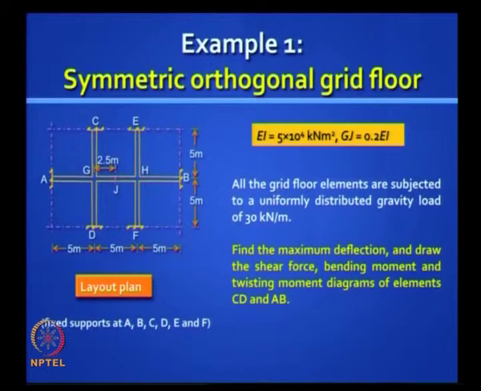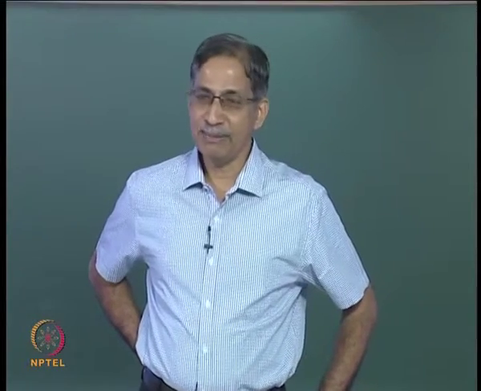So straight away you notice there is some symmetry in this system. You can see that the two shorter beams CD and EF will behave identically. You can actually cut the system at the middle, J, and take advantage of symmetry. You can go one step further and you need not have grid elements for all of them. Which can you replace with beam elements?